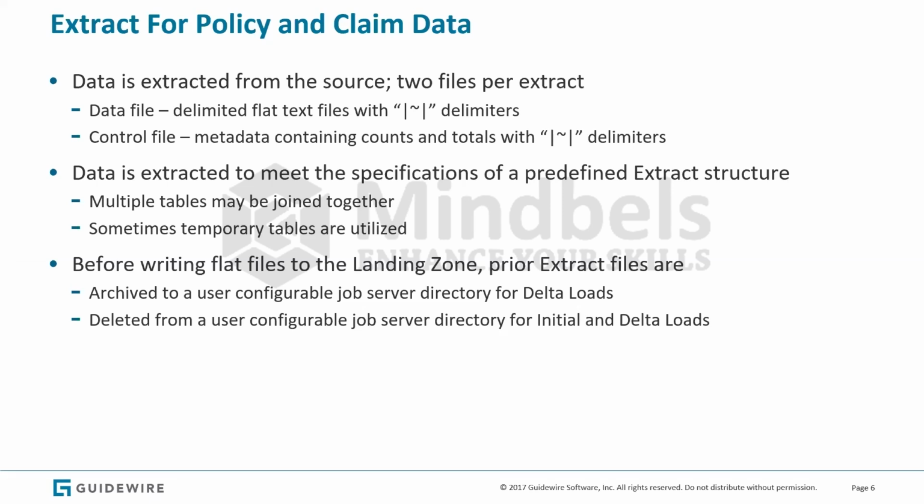Multiple tables may be joined together, and sometimes temporary tables can be used, before writing the files into the landing zone, which is our data hub. The extract files are archived in case of delta loads and deleted and recreated in case of initial loads.